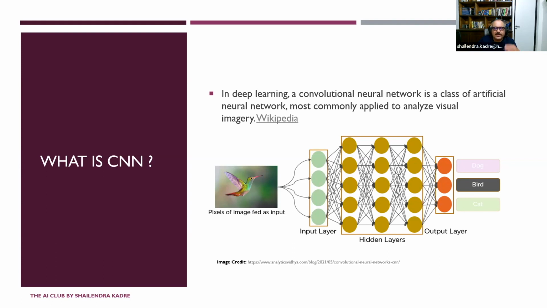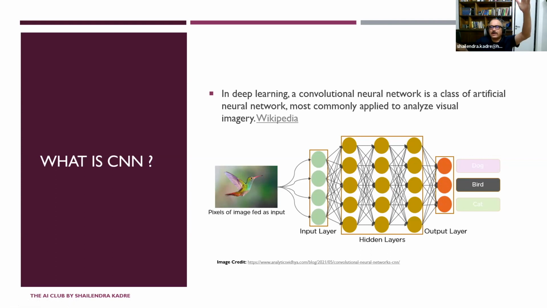Basically, CNN is a convolutional neural network, and it specifically deals with images. So there will not be any regression; it will be only classification. These kinds of images will be supplied as input, and then your CNN will classify whether it is a dog, a bird, or a cat.